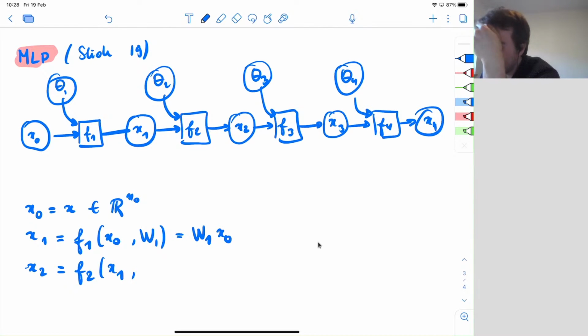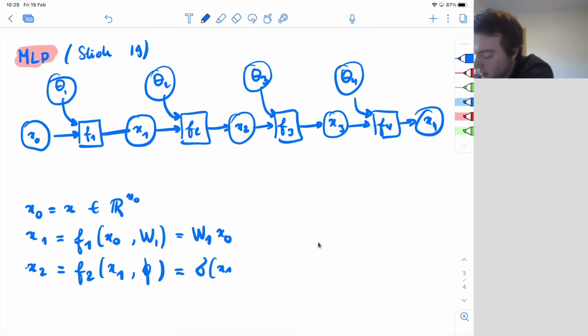And then usually after this first computation, we would pass that through an activation function, for example a ReLU. So we would not have any parameters here, right? What we would just do is compute, for example, the sigmoid or the ReLU activation of x1.